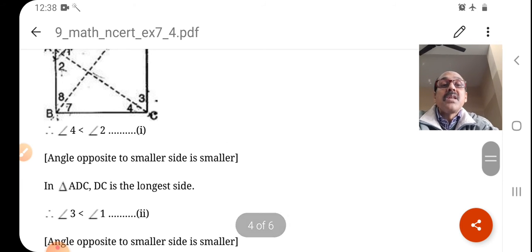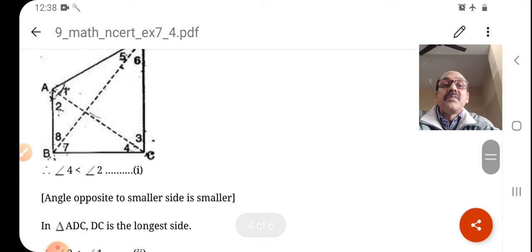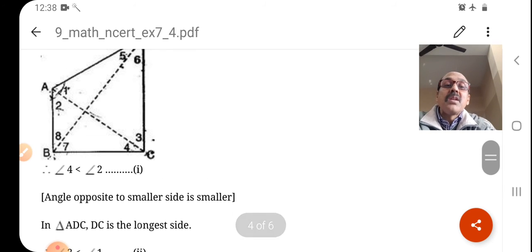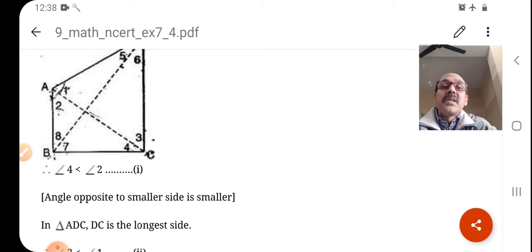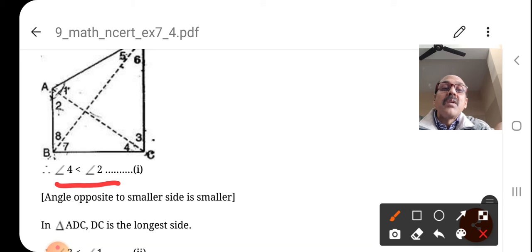AB is the smaller side, and the angle opposite to it is angle 4. So angle 4 is less than angle 2. This is equation 1.